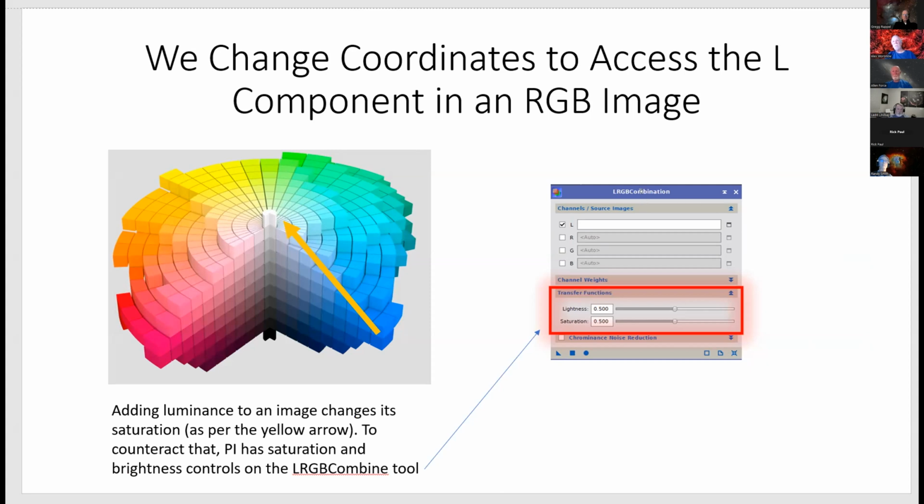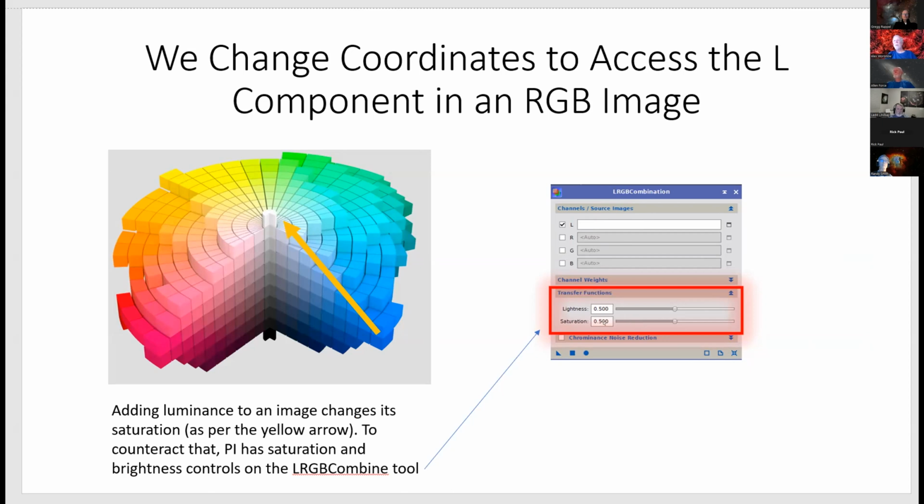When you do that in PixInsight, I used the LRGB Combine tool. I think there's another one you can use. You just put the L frame's name in here, and then you drop it onto your RGB frame and it modifies that frame appropriately. There are also lightness and saturation controls on this.